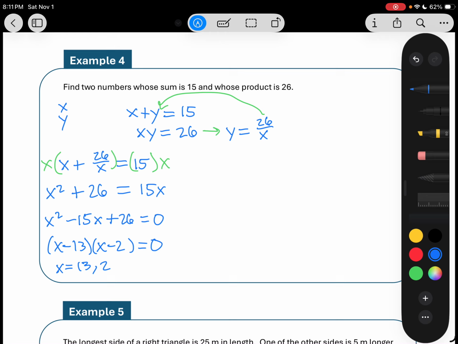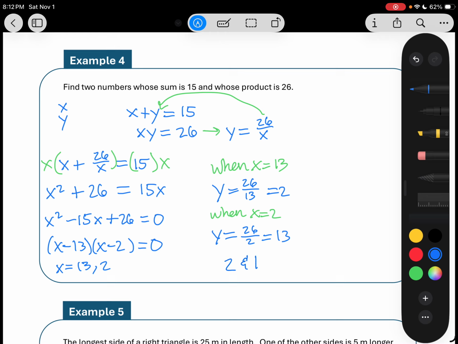Notice how both of those are x's, but when x is 13, y would be equal to 2. And when x is 2, y would be equal to 13. So it's like the same number. So the answer for the two numbers would be 2 and 13.